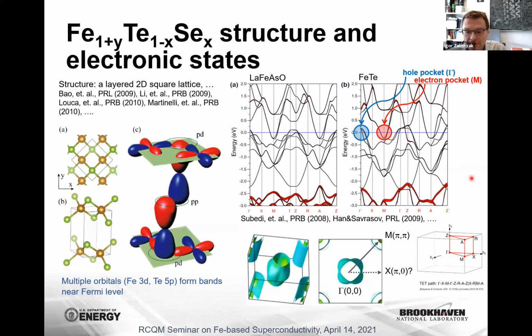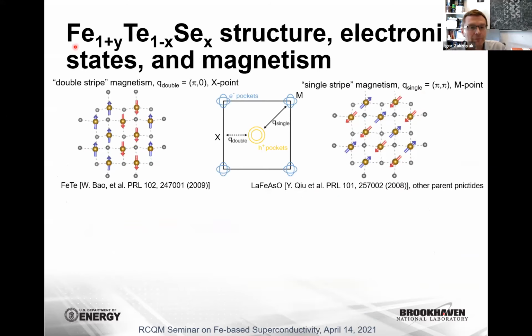And so here is an illustration of a Brillouin zone with two pockets, and then there is a nesting between the gamma and M points, which in the itinerant electron picture suggests a tendency to magnetic ordering at a wave vector pi pi. I know that there is nothing at the X point, pi 0, and nevertheless the parent state of the iron chalcogenide superconductor family, iron telluride, has magnetic ordering which occurs at exactly the X point.